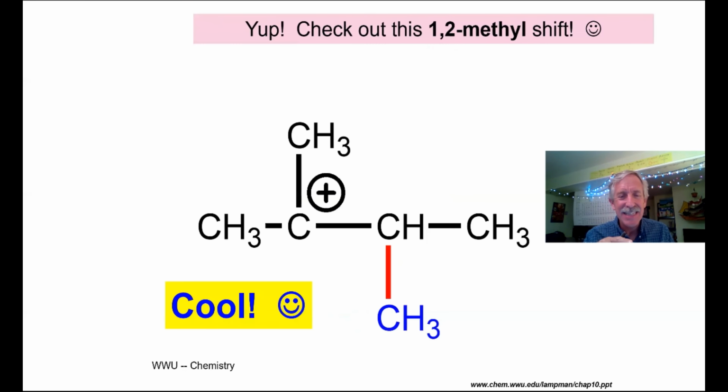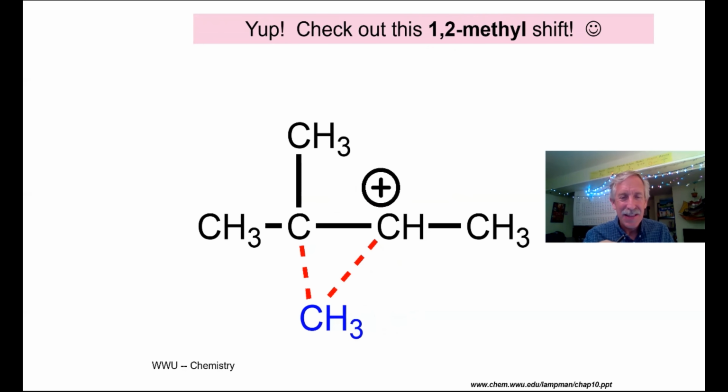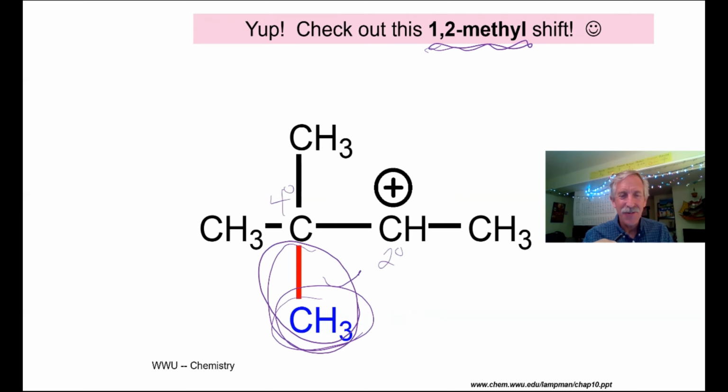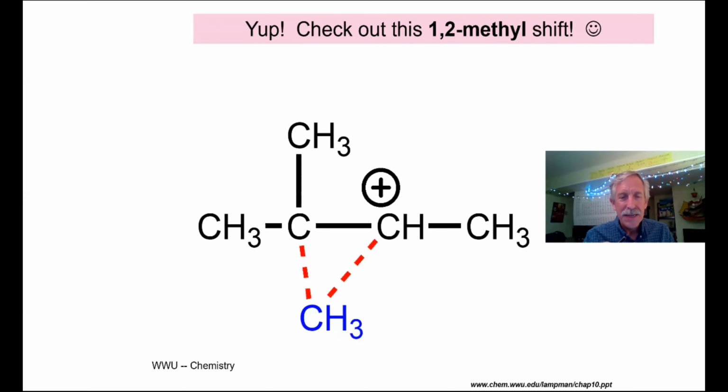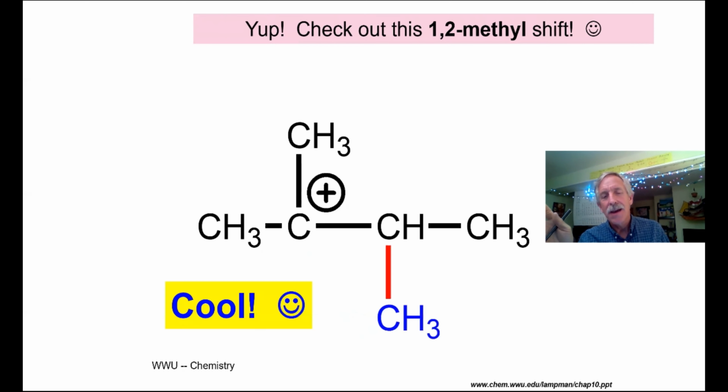I went too fast. Let's go back. Isn't that a cool animation? Okay, jump. And as the methyl's moving its bond over, it's breaking from the quaternary and forming a new carbon-carbon bond on what used to be the secondary. And now I have a tertiary carbocation, and that is much better than a secondary.